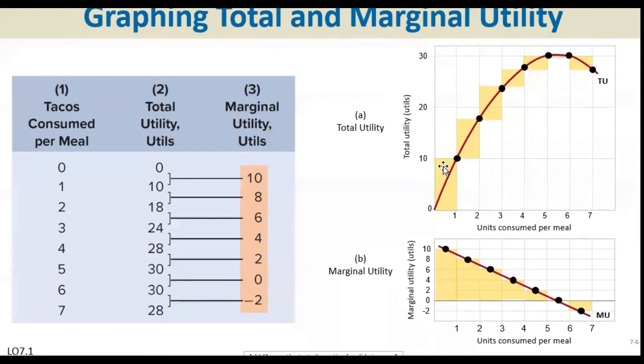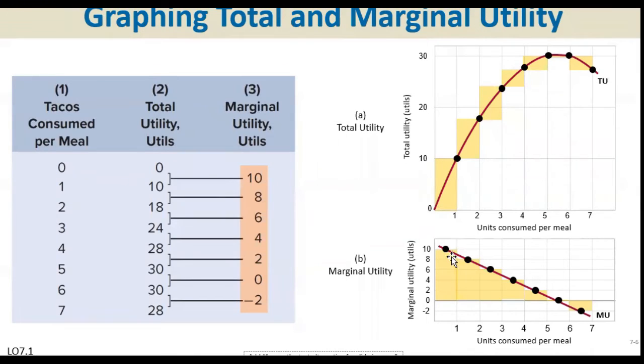The first one, this big yellow rectangle here is greater than this one. So you can see that the total utility increases, but at a diminishing rate. It gets to the top when the curve flattens, the plateau here, and after that, it starts declining.